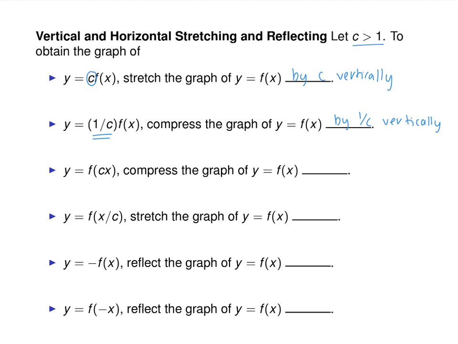So for example, you could think 2x squared, you could think 1/2 x squared, and you could compare those to x squared. In the first case, it's like taking the x squared picture and stretching it. The second one's taking the x squared picture and squishing it. Pull it versus step on it.